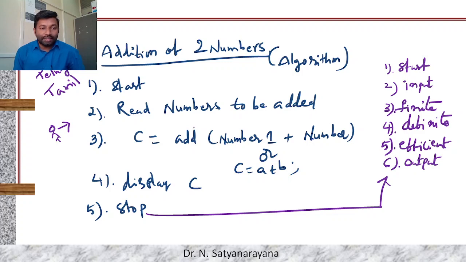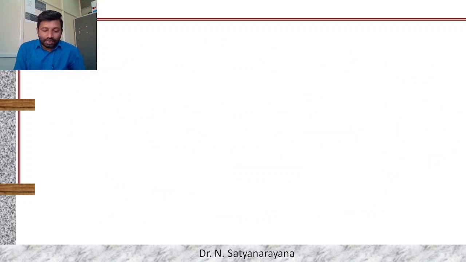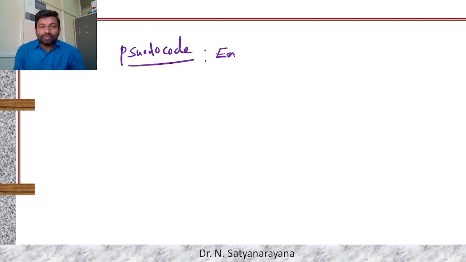To avoid this difficulty, we have gone for the concept of pseudocode. What does it mean? If you convert this algorithm into pseudocode, you are expected to write the algorithm using English-like statements.